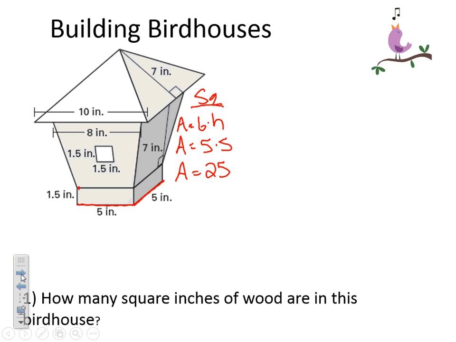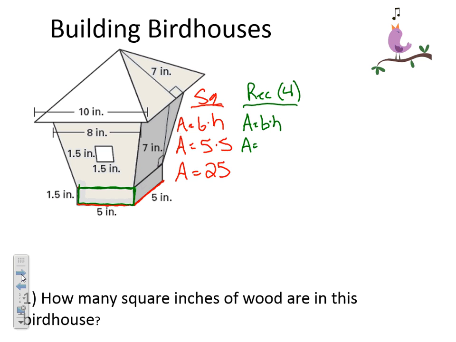The next part, if I'm working my way up, is this rectangle right here. Now, since our base is a square, that means we're going to have 4 of everything. So we have a rectangle next, and there's going to be 4 of them. So my area, once again, is base times height.